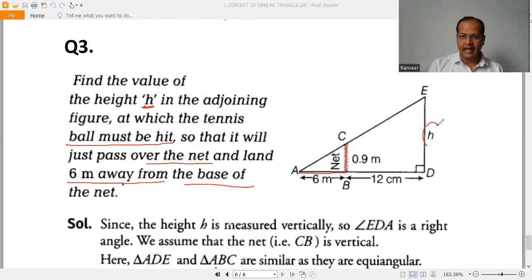This is the given height H, and angle EDA is 90 degrees. Now we assume the net is vertical.